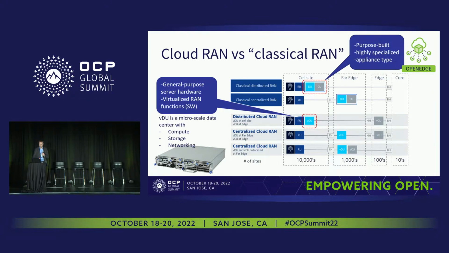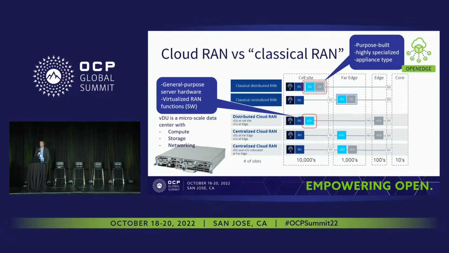Then we could also say briefly that of course all of these sites, even when we talk about this distributed Cloud RAN use case, are micro data centers, and they are very small ones. They could be just a few servers, or maybe up to a few tens of servers, but not much more than that typically.